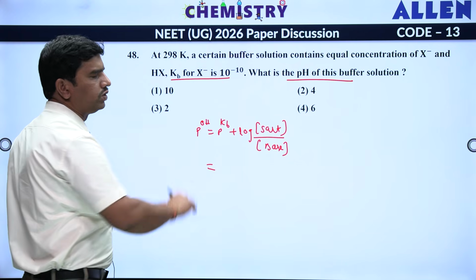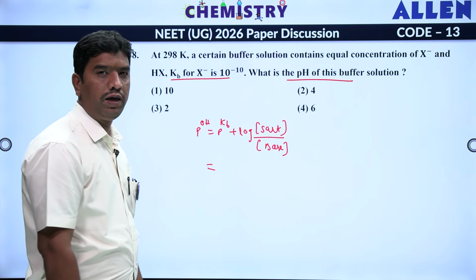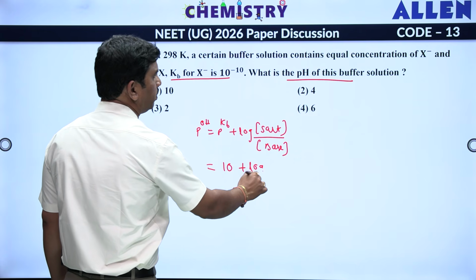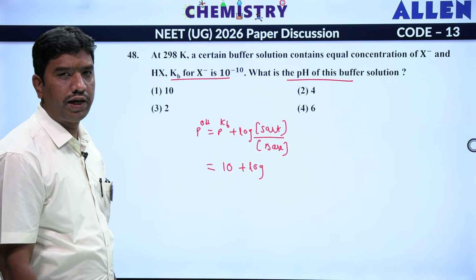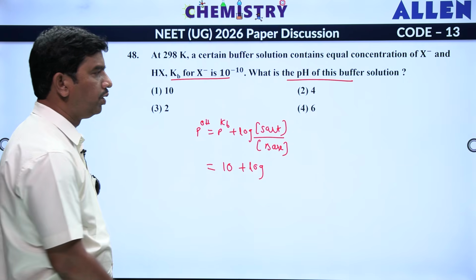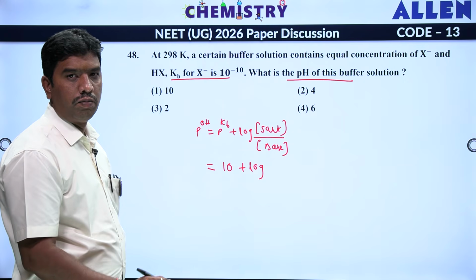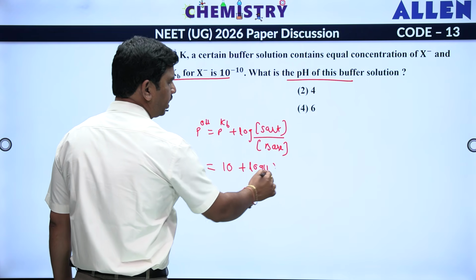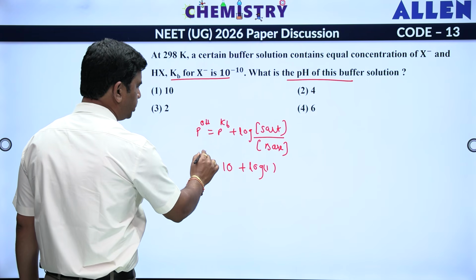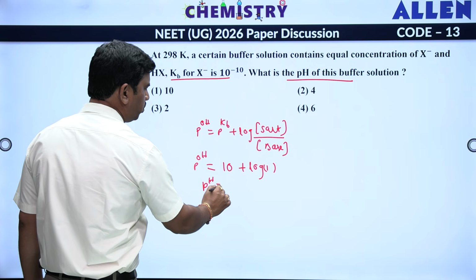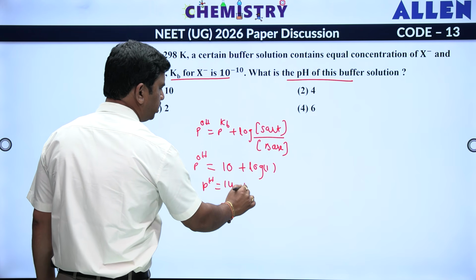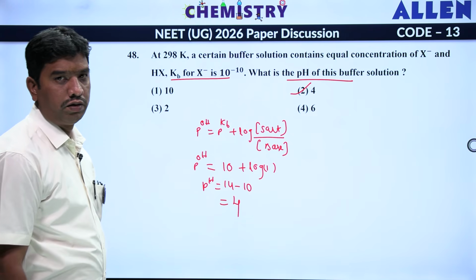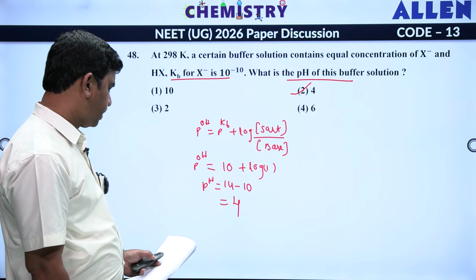Here Kb equals 10 power minus 10, so pKb is nothing but 10, plus log of the equal concentrations of X minus and X. Both are considered as unimolar concentration, so you get log 1, nothing but 0. This is pOH. Then pH equals 14 minus pOH, that is nothing but 4 only. Option 2 is the answer, which is an easy question, right?